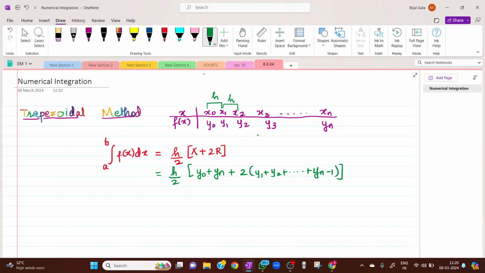Okay, so let's understand this better with the help of an example. Let's start with the sum based on trapezoidal rule. Yes, miss. Okay, so we'll start with the question based on trapezoidal rule here. The question goes like this.